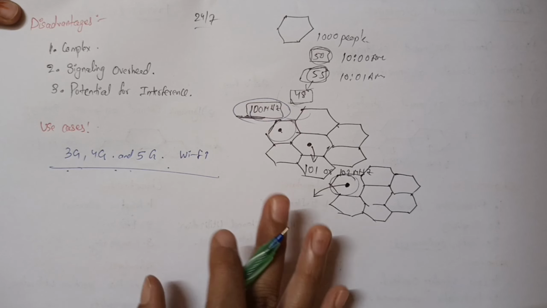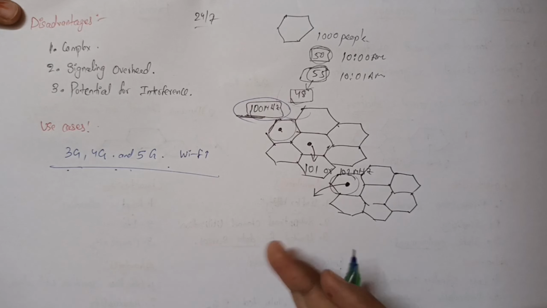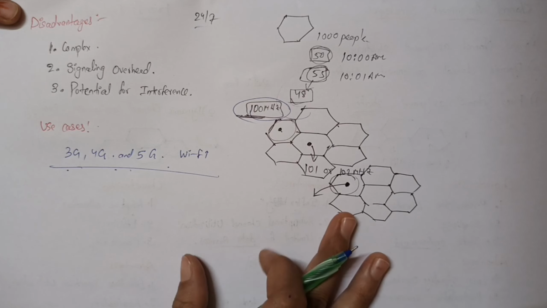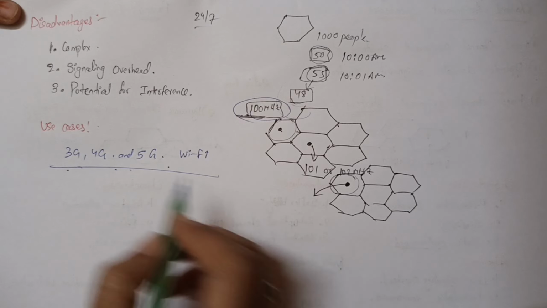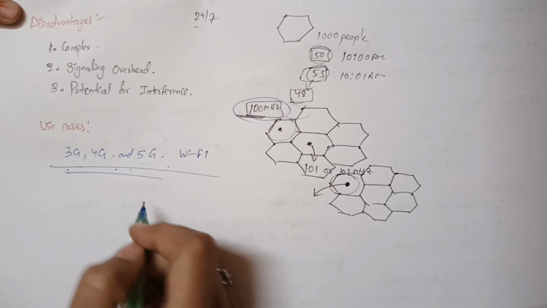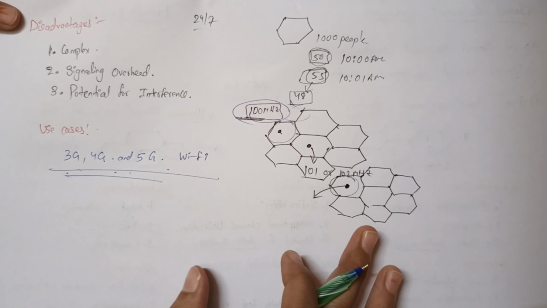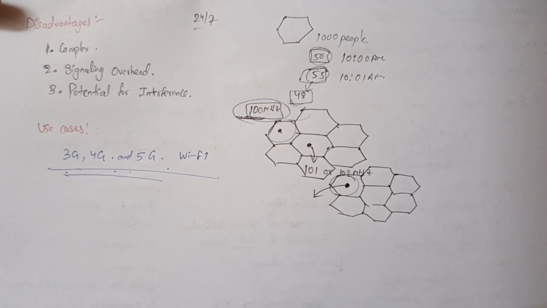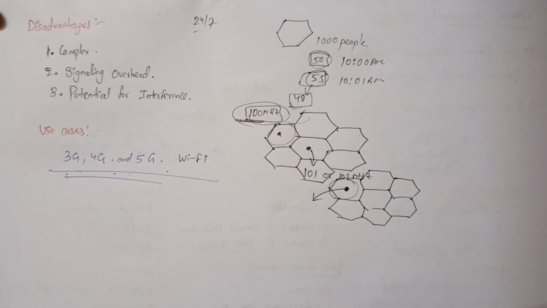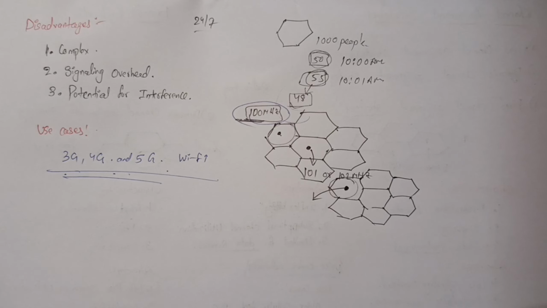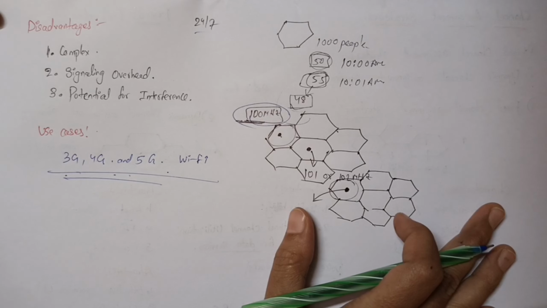Also, it is adaptable in dynamic environments, making it suitable for our modern wireless communication systems. So that is all about the dynamic channel assignment strategy, and I hope you liked it and you understood everything that I explained in this video.